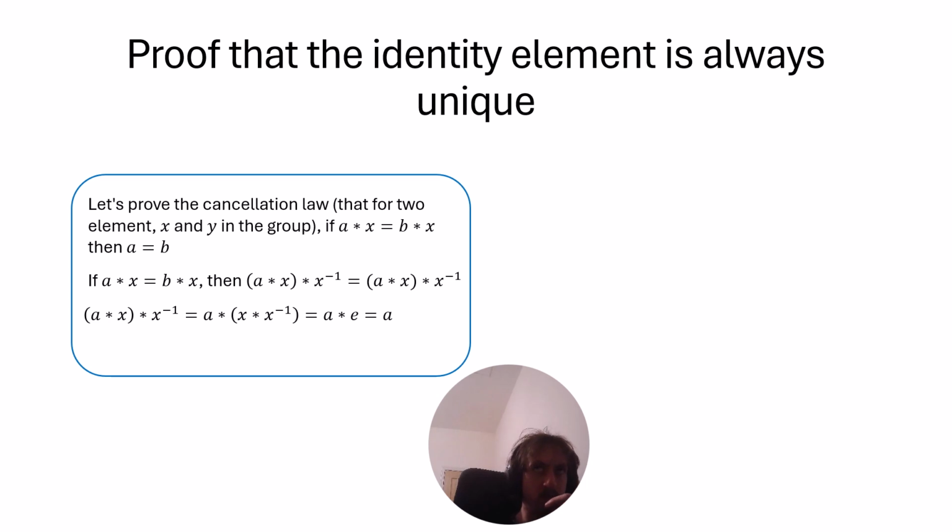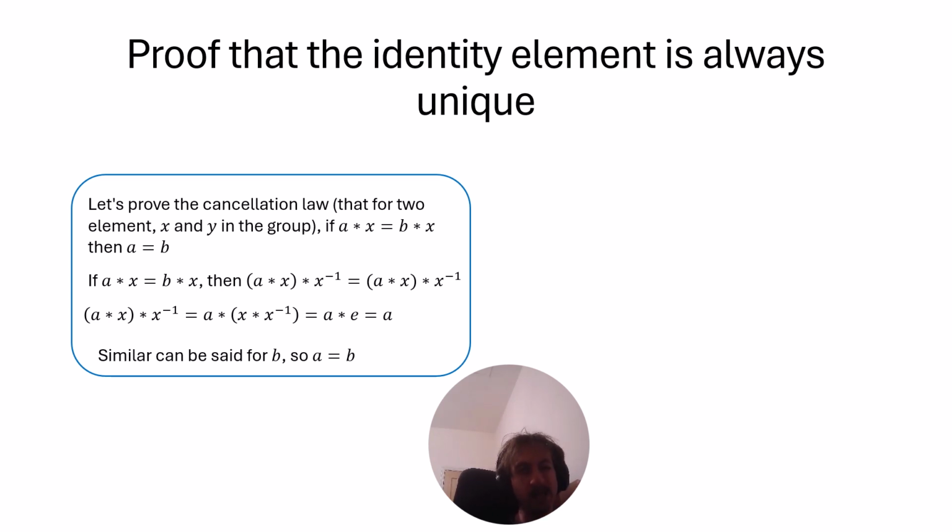And similarly, if you go through with b star x star x to the minus 1, you conclude that the right-hand side of your original equation is b, and consequently, since the right and left hand side of the original equation were set to equal each other by definition, we conclude that A must equal B. So we have shown the cancellation law.